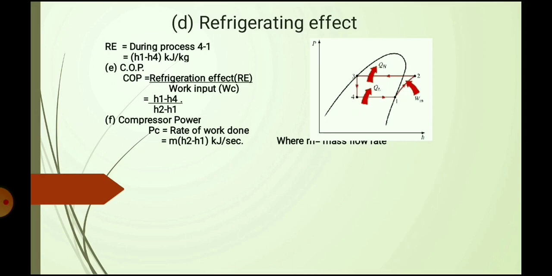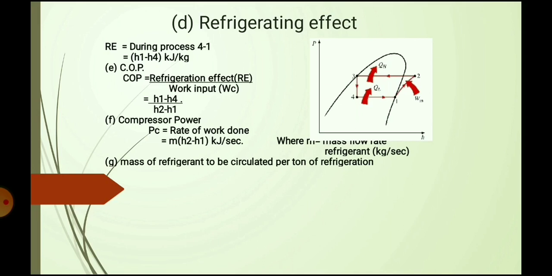So let us assume the mass flow rate is equal to m. In that case the rate of work done is equal to m into H2 minus H1, kilojoule per second, and that is equal to kilowatt, where m is the mass flow rate of refrigerant in kg per second.